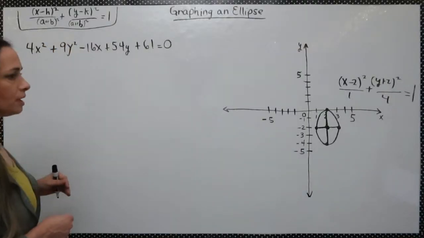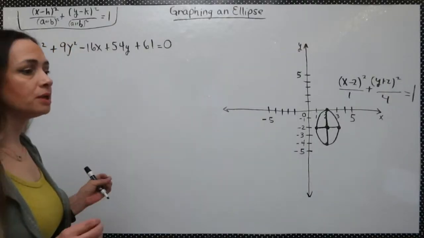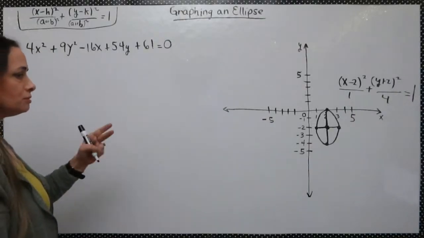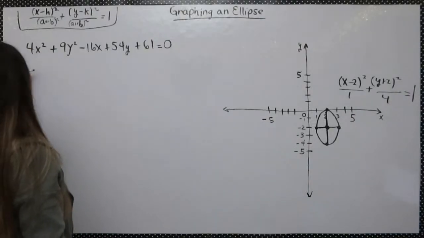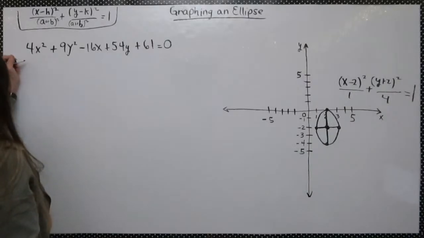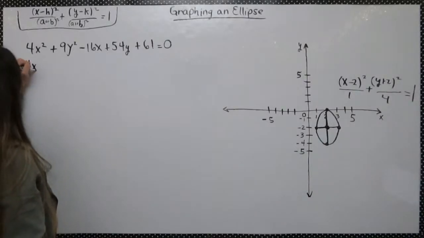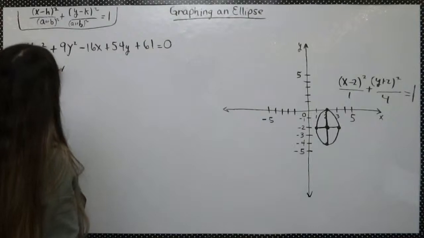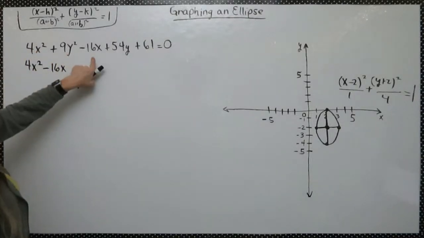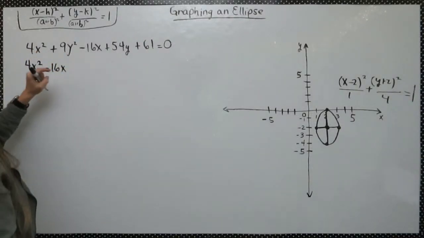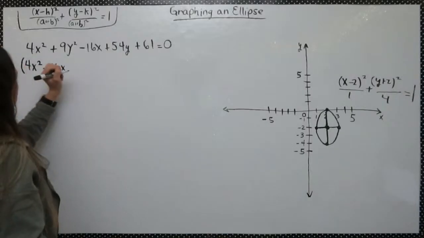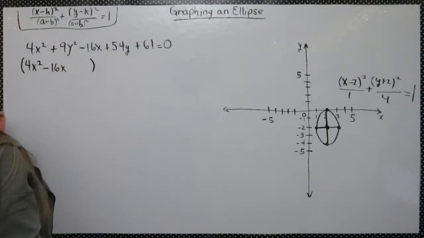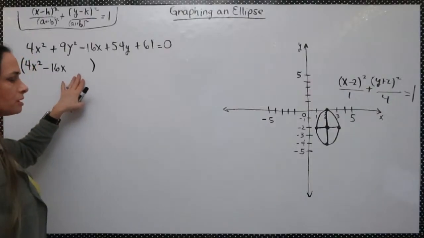So we're going to revisit that method just so we can practice completing the square two times. First, we group our x terms together, so we've got 4x squared and 16x. We use parentheses and leave some room here.